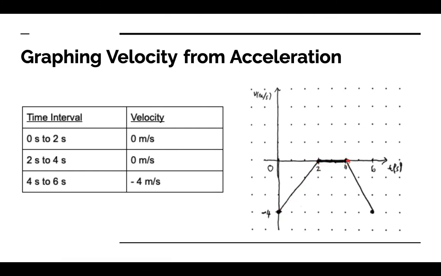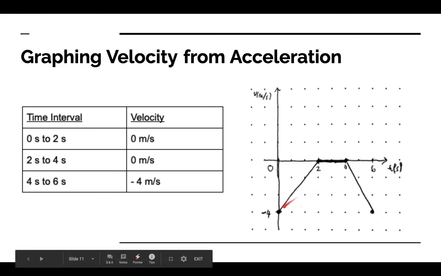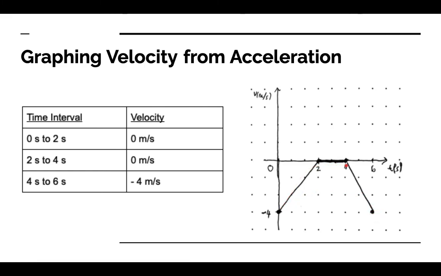At the end of 4 seconds, we're moving at a velocity of 0 meters per second. And then at the end of 6 seconds, we're moving again with a velocity of negative 4 meters per second. Connecting the dots here gives us our velocity versus time graph from the acceleration versus time graph. And this is how we do an analysis of an acceleration of an object from position and velocity versus time graphs.